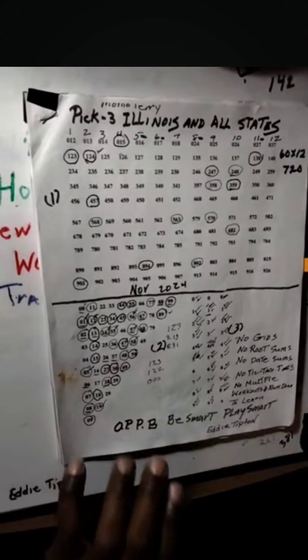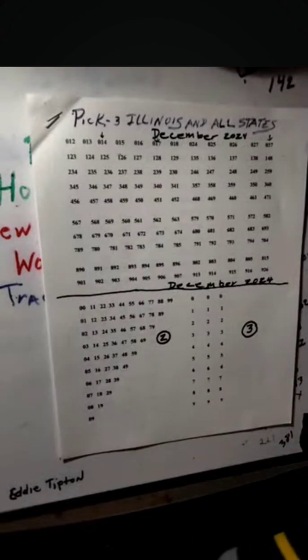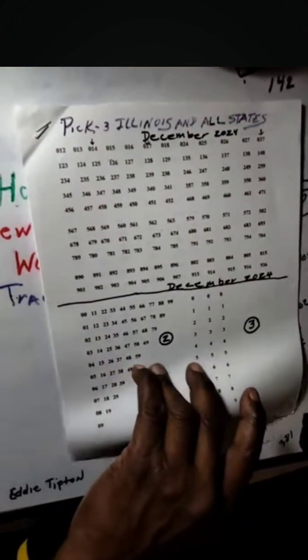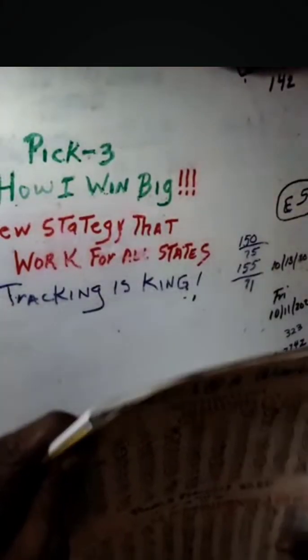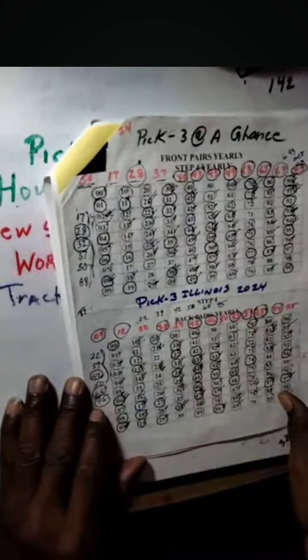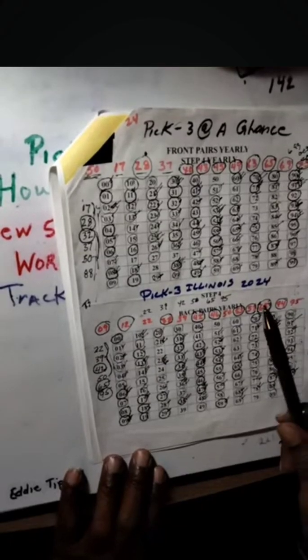And now, this sheet here, strategy number 4 is tracking the front pair and back pair for the data. I think I moved it over here. Tracking the front pair and the back pair for the data.